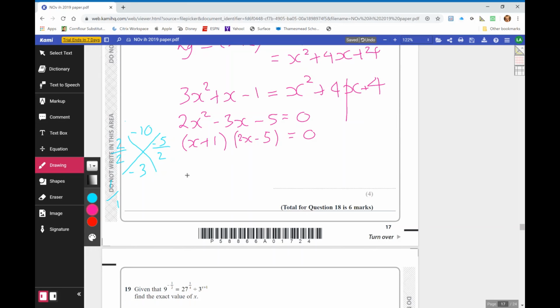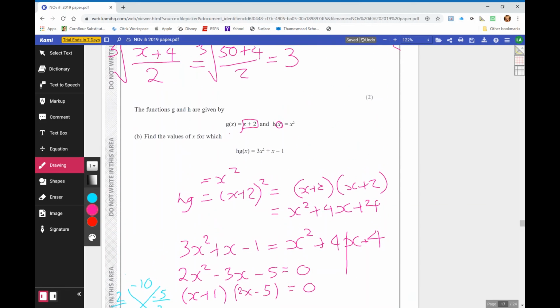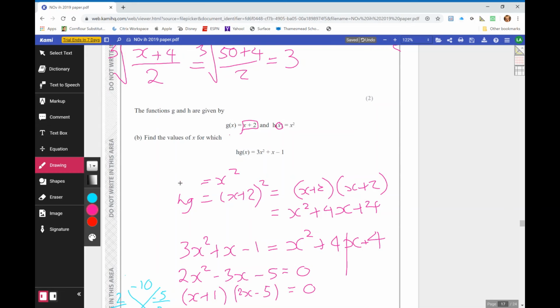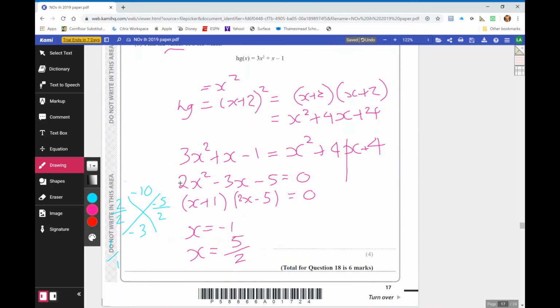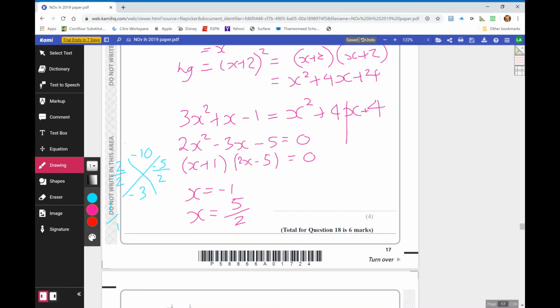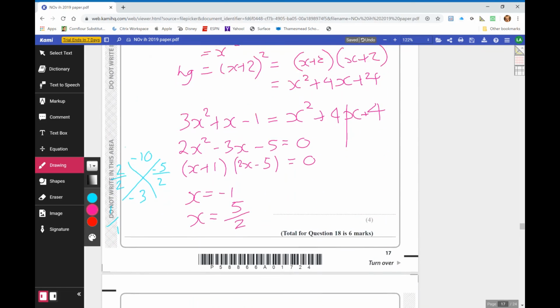So your two values of x, again remember we always want the opposite sign, minus 1, 5 over 2. Okay, so you've got two answers on that. It does allude to that when it says find the values of x, so it does allude to the fact there might be more than one value of x. Okay, so hopefully you followed that one.